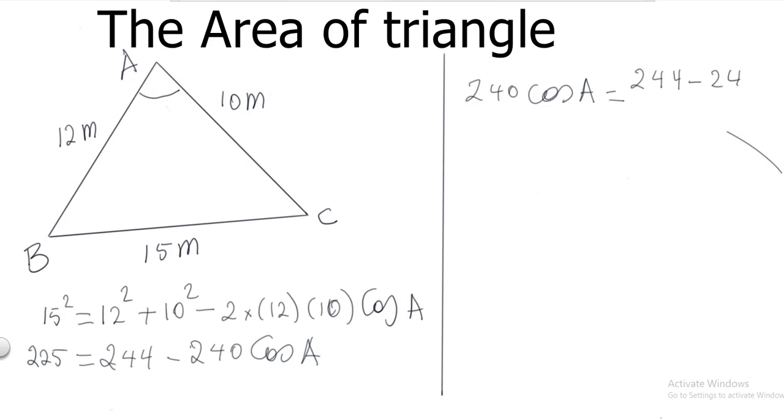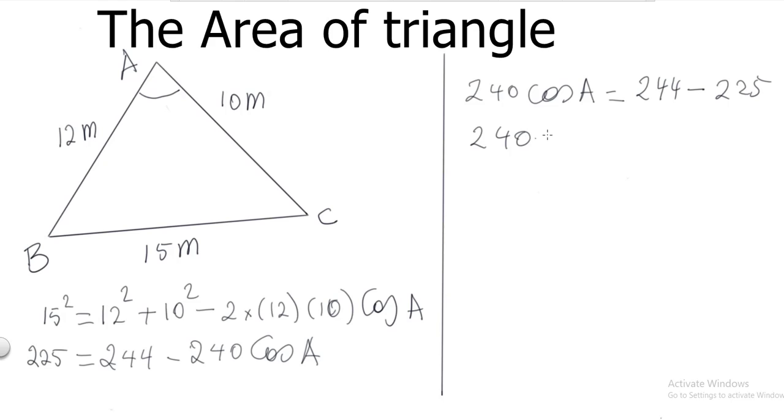We transposed the 240 cos to the left side, and then we keep 244 and subtract 225.